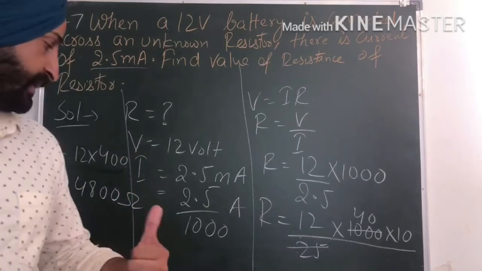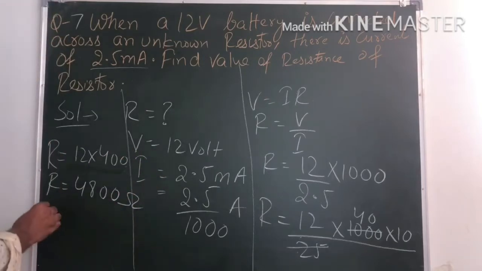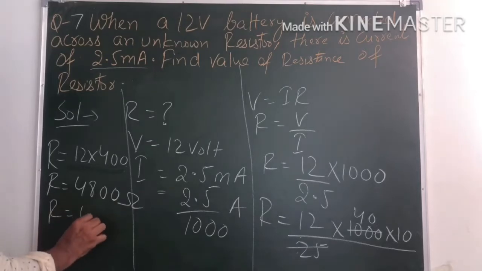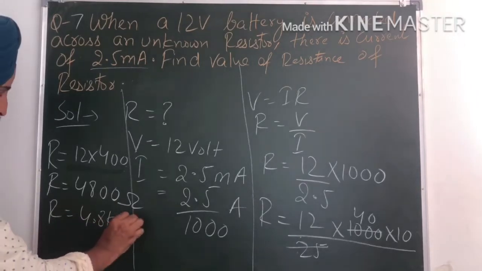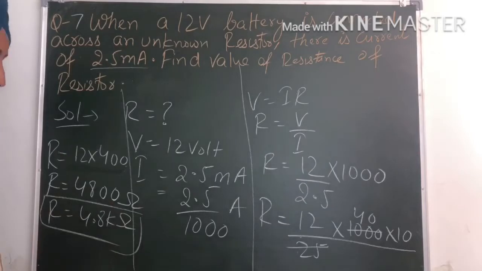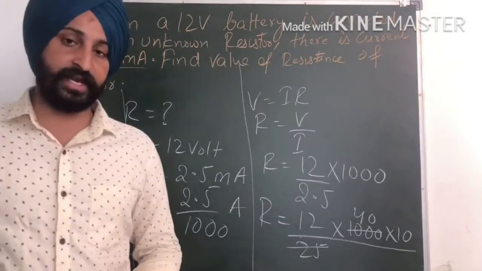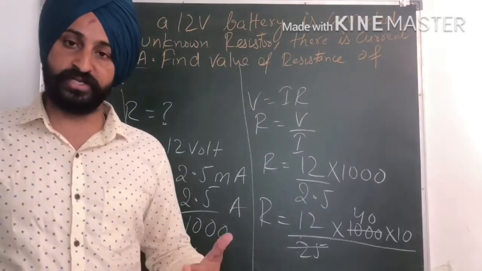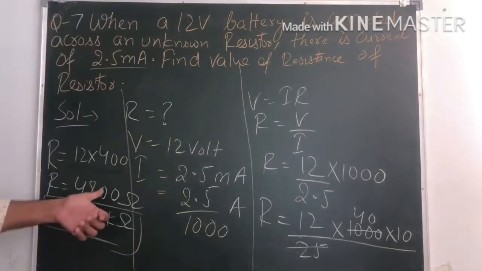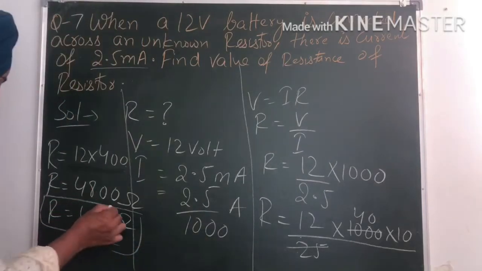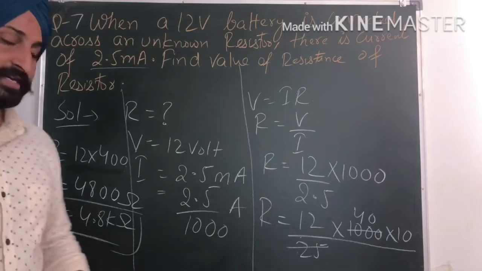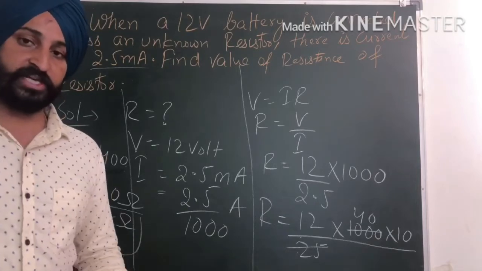You can also write 4800 ohm equal to 4.8 kilo ohm. Kilo ohm is the larger unit of resistance, and 1 kilo ohm is equal to 1000 ohm. So by dividing this value by 1000, we will be getting 4.8 kilo ohm. So you can also write the answer in form of kilo ohm.